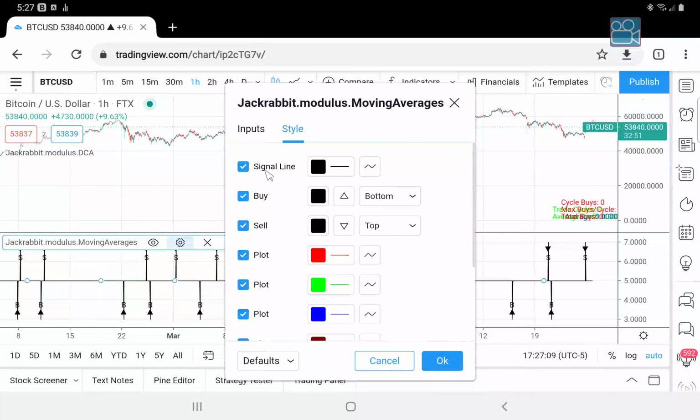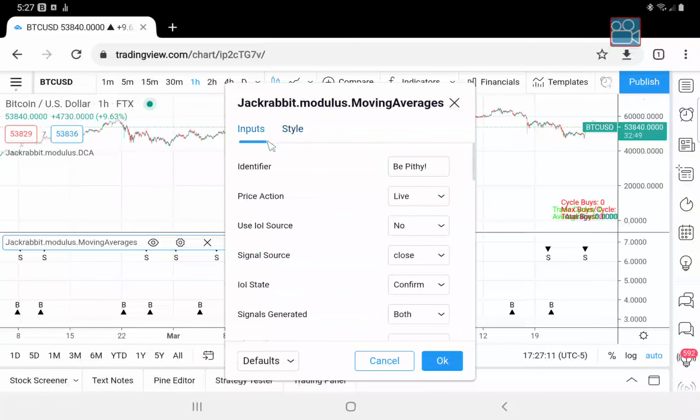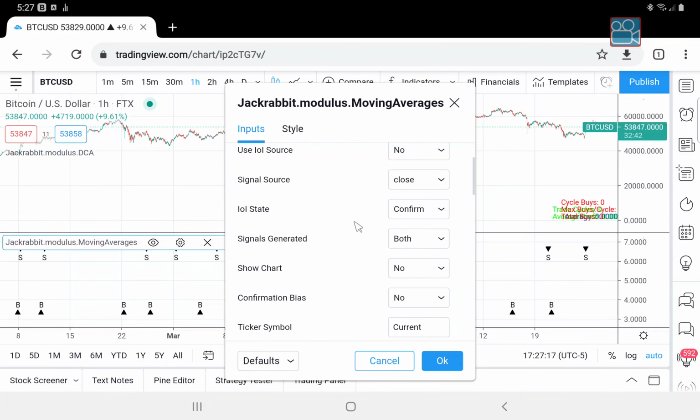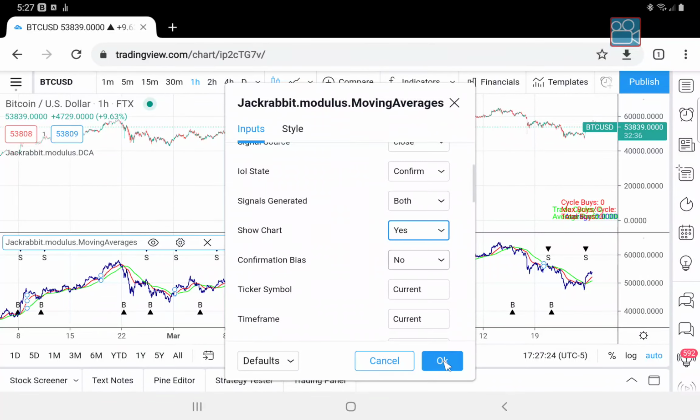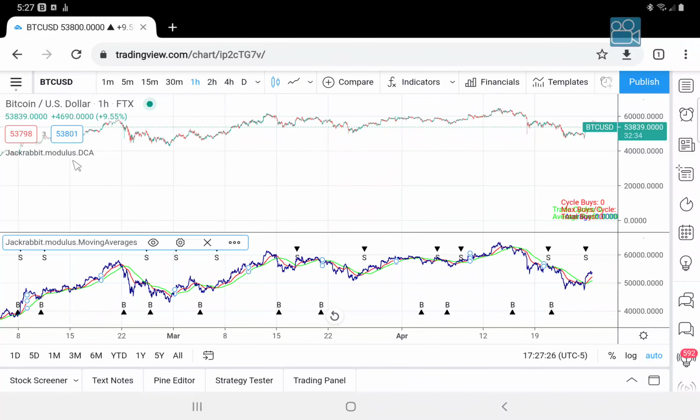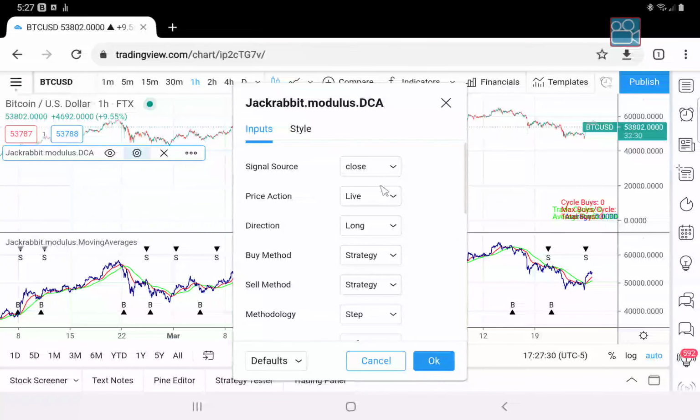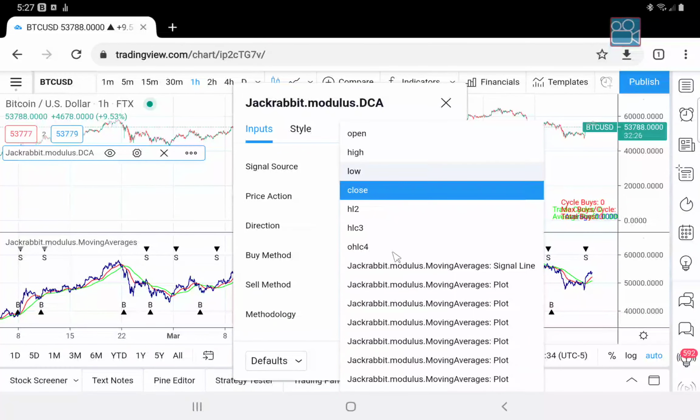So let's go through and get all of the basics done. Make sure everything is on historic. Okay, I'm going to stop here. Now I'm going to tune the DCA module to my preferred settings.